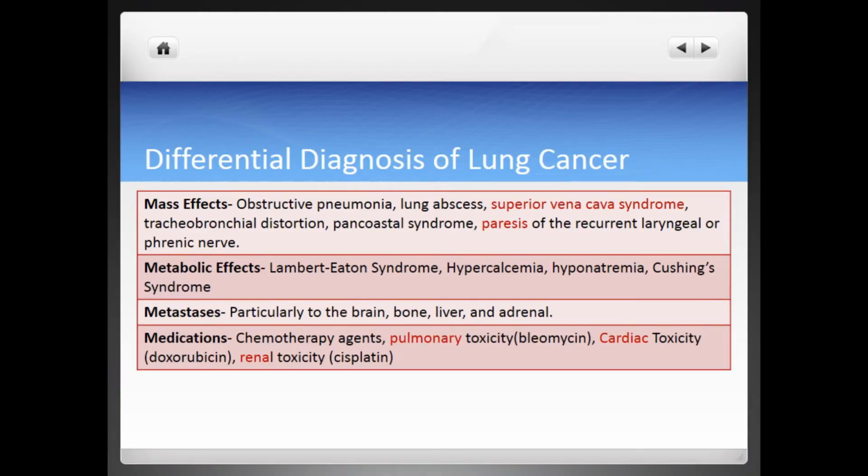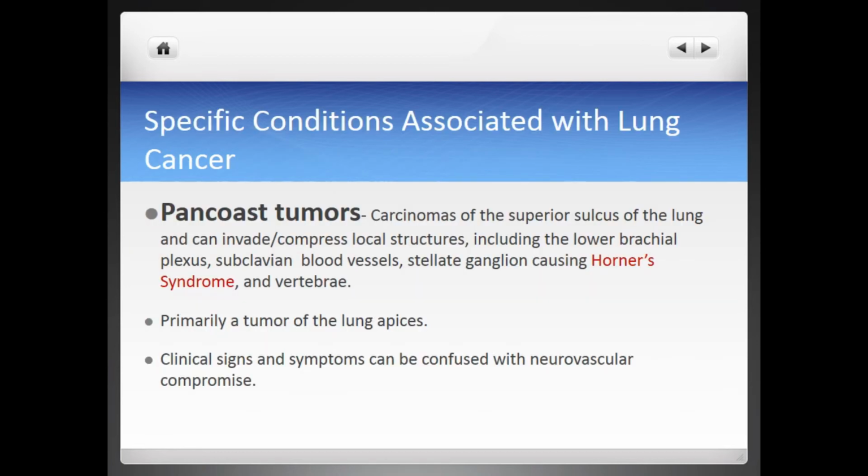And this is a more detailed view of the 4 M's when you're doing a differential diagnosis of lung cancer, as we previously mentioned.